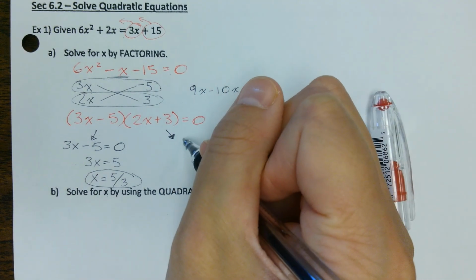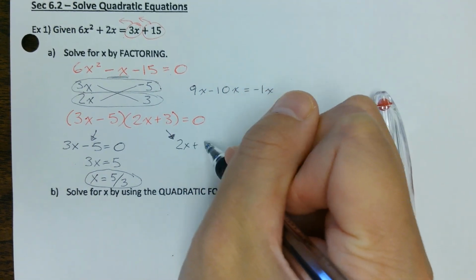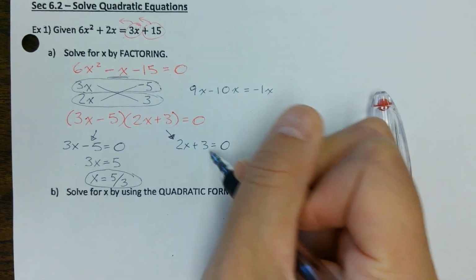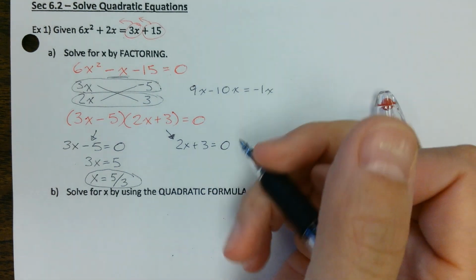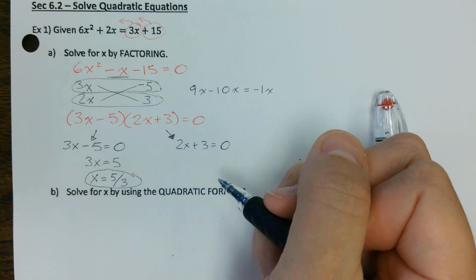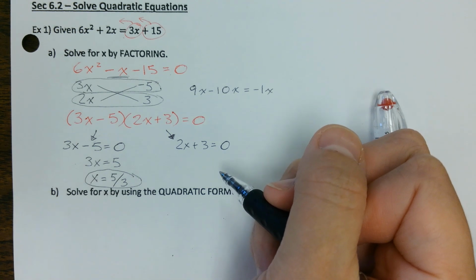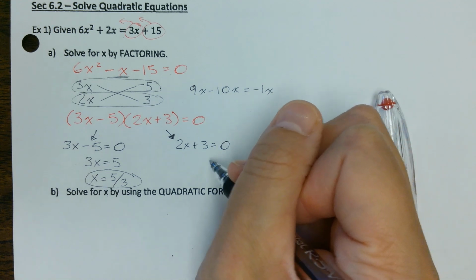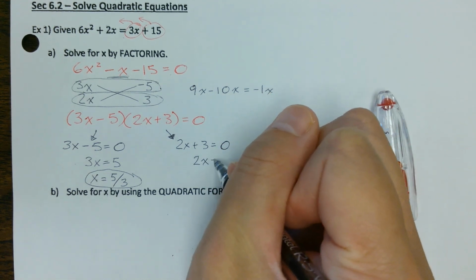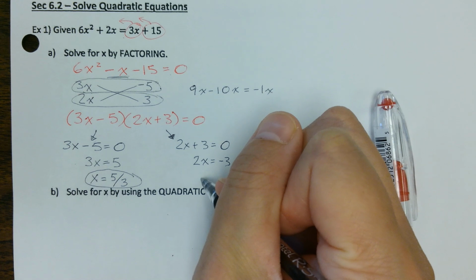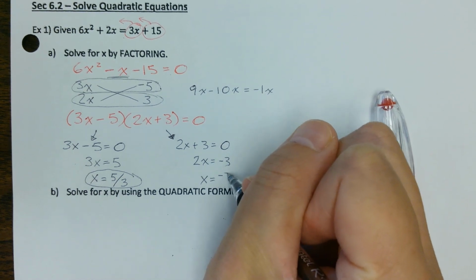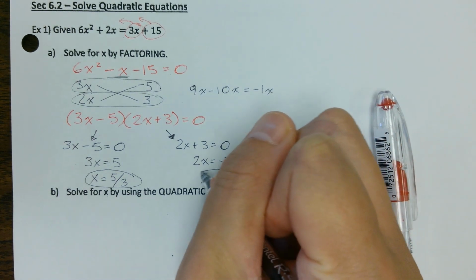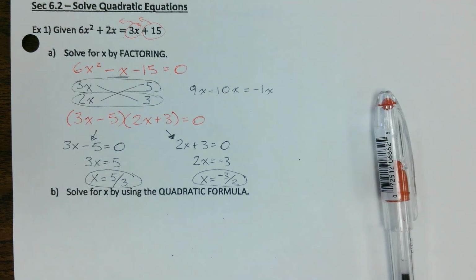Same thing on this side. I'm going to set 2x plus 3 equals 0. So what do you guys get for x? Yeah, Aman? 3 over 2. Not just 3 over 2. Negative 2. Yeah, good job. When you move that 3 over to the other side, don't forget to change the sign, so it's negative 3 over 2.